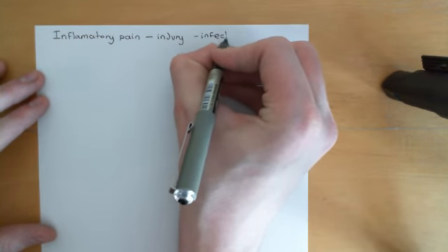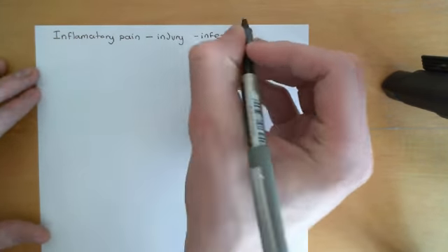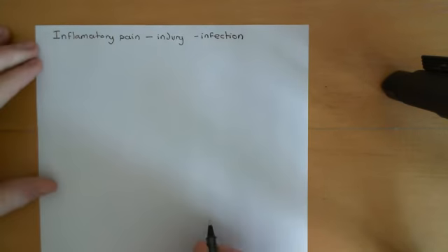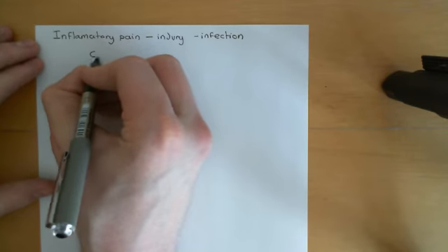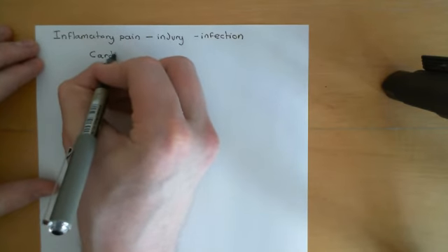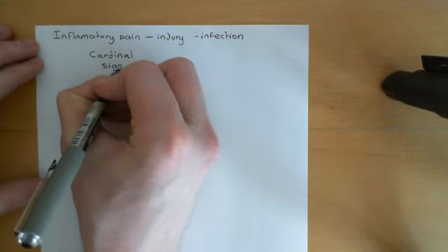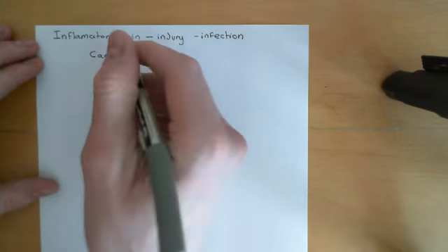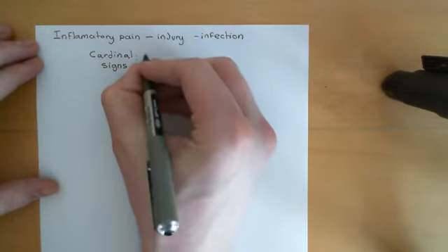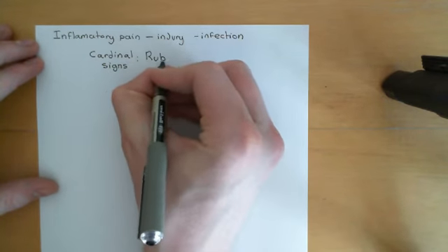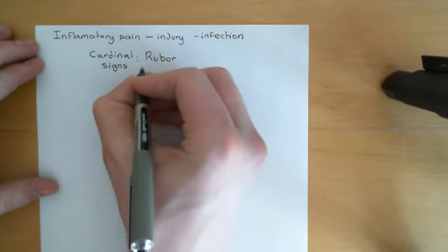Firstly, let's just talk about inflammation itself. I'll start off by telling you the cardinal signs of inflammation. There are four main cardinal signs, and they're usually stated in Latin, just for pretentiousness. The first is rubor: a site of infection becomes red.